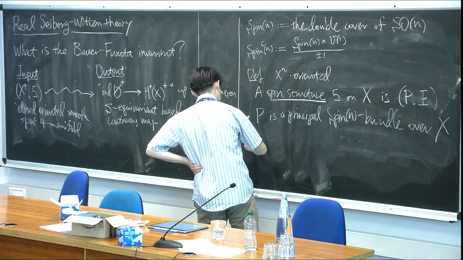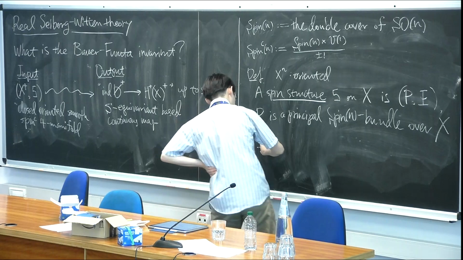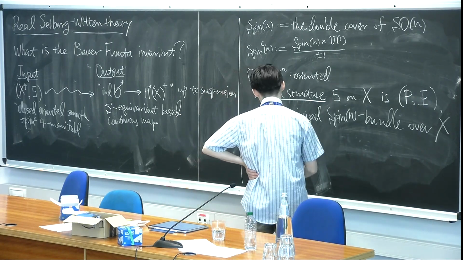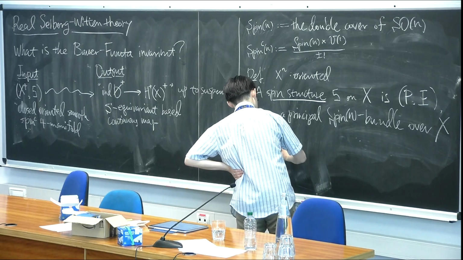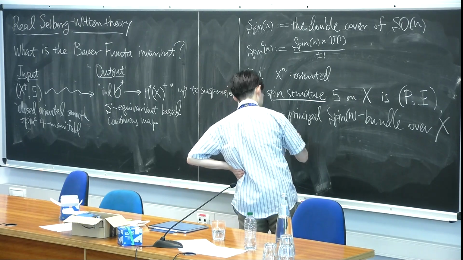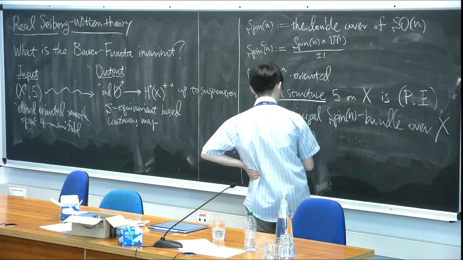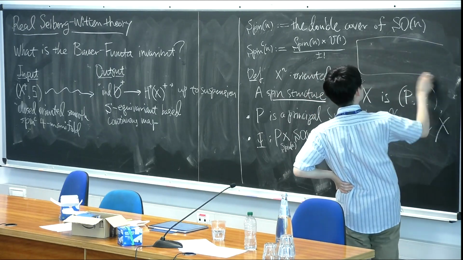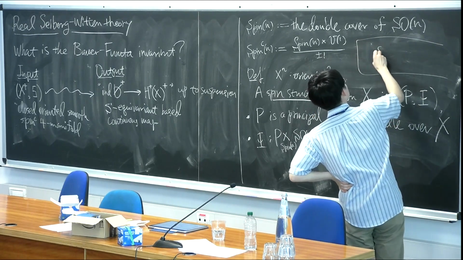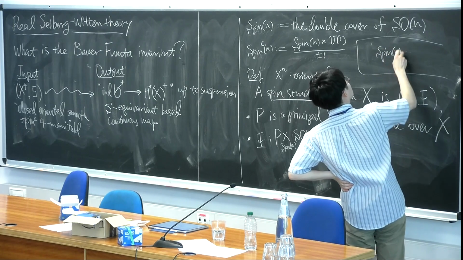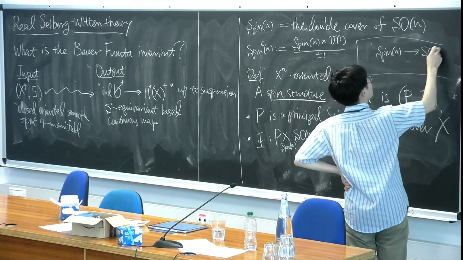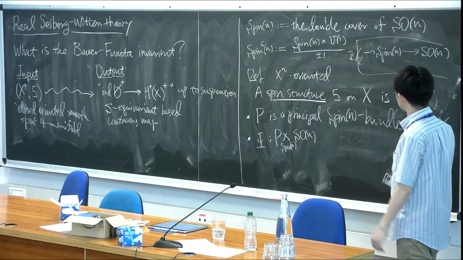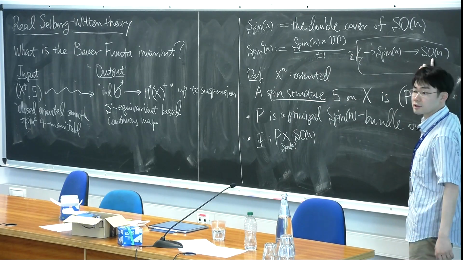And the other datum, psi, is an isomorphism. First of all, I have a principal Spin(n) bundle, and you have a natural reduction from Spin(n) to SO(n), because the definition of the spin group is a double cover of SO(n). So you have a natural projection mapping from Spin(n) down to SO(n).